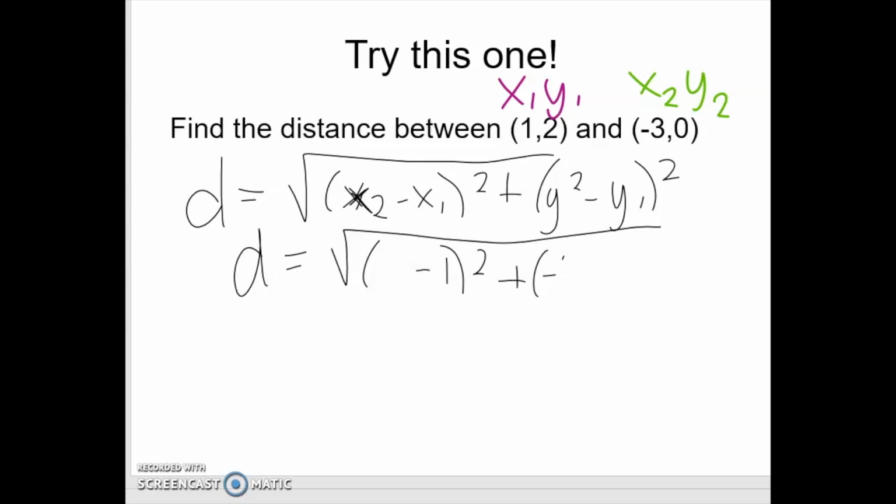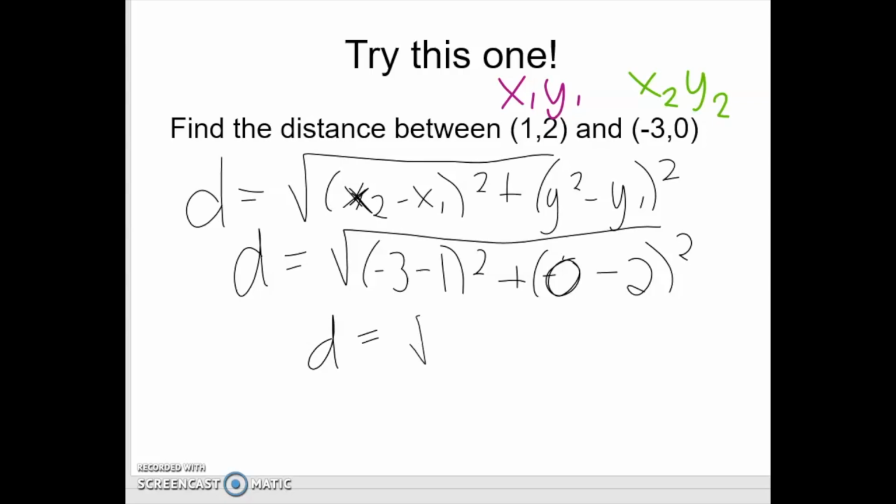I put my y instead of my x. That happens sometimes, no big deal. Okay, so let me go back. x2 is -3, minus x1 which is 1, and my y2 is 0, minus my y1, which is 2, squared. Okay, so now we're just going to solve.